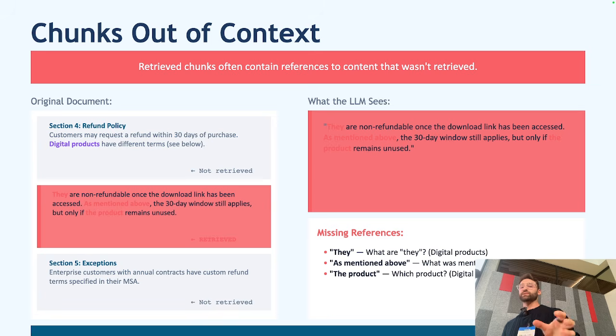This is really nefarious because the LLM will almost certainly hallucinate. It will pretend to know what the things you've referenced in the chunks are, even though it totally doesn't understand. So when people talk about hallucination with embeddings, this is probably the most common cause of that.